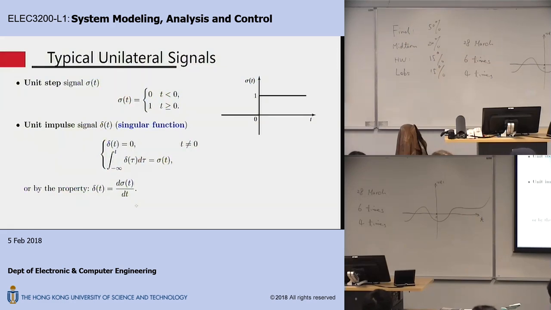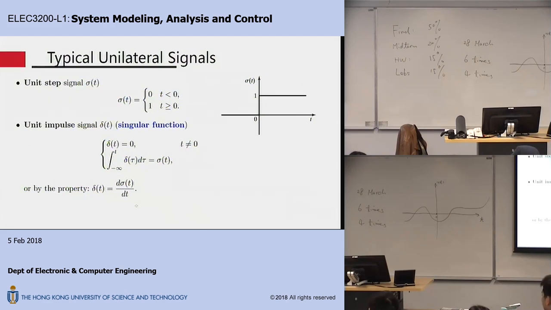So if you integrate the function from minus infinity to t, and if this t is somewhere here, it's less than 0, of course, from minus infinity to t, everywhere is 0, the integral is still 0. Okay? But if the t is somewhere here, you know that something strange happened at this origin, then the integral from minus infinity to somewhere here becomes non-zero.